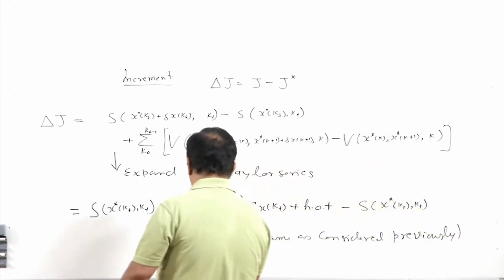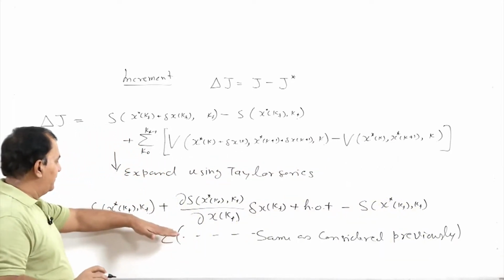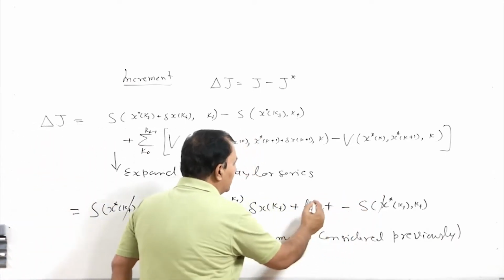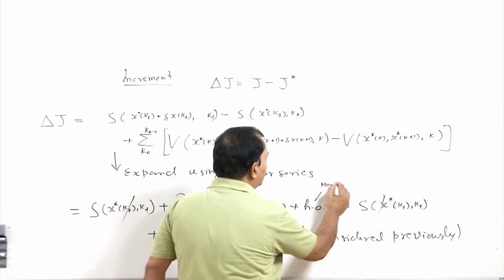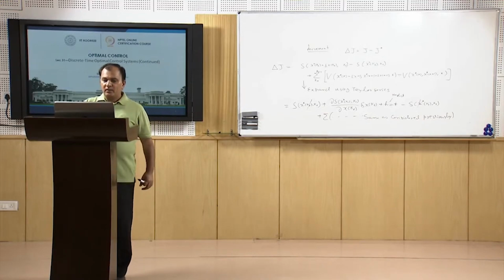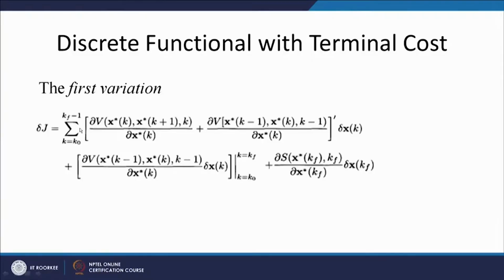So, this we will take up same as we have done before. This s will cancel out, this higher order term we neglect. So, what actually will we be left with? If you see from the summation, I will get the first summation term same as we have considered in the previous case, plus the boundary condition from k0 to kf, plus this additional term which will appear in the first variation.